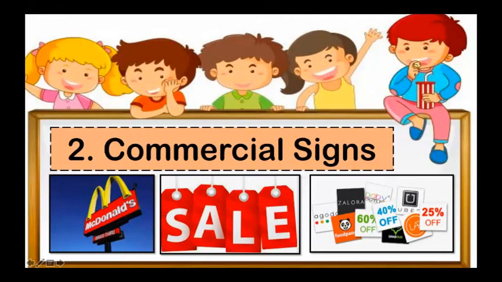That's the main purpose of the logo for commercial signs: to be easily recognized without the need of writing the name. So that's one way of promoting their product, by creating their own unique logo or statement symbols.